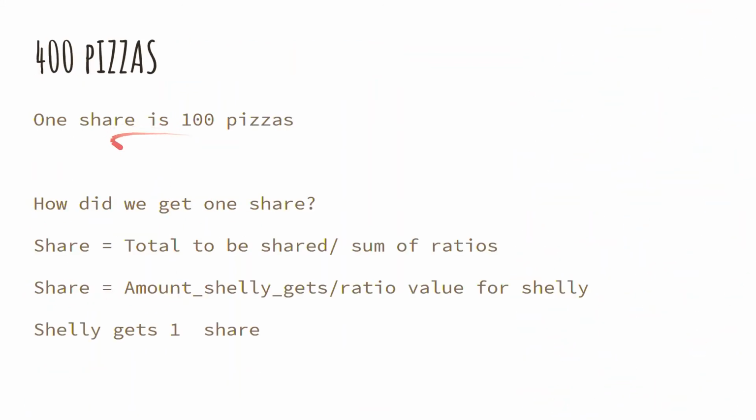If you want to use that kind of calculation, you'd say 1 share of a pizza is 100 slices. And how you get that is that 1 share is equal to the total to be shared, in this case 400, divided by the sum of the ratios, which was 4. And then that's what 1 share is worth.